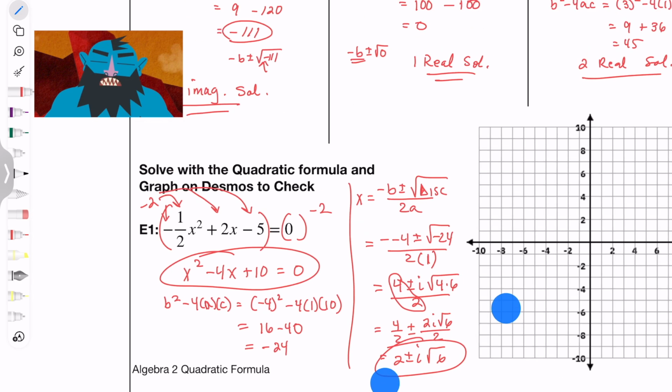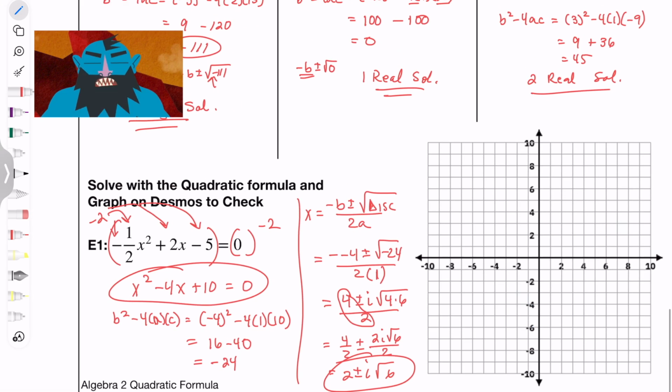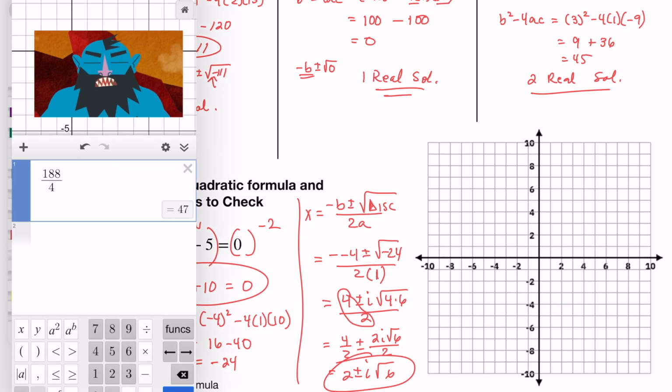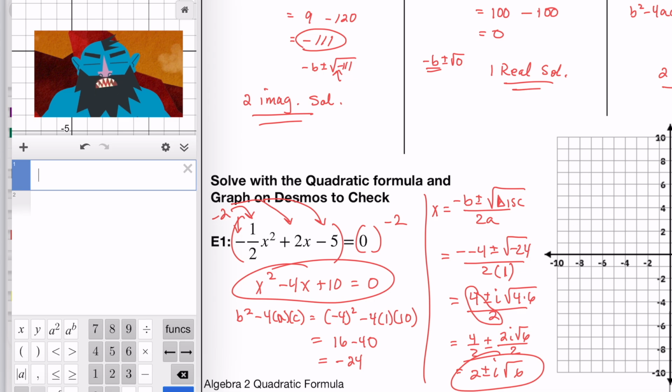And I'm supposed to graph this thing, so let's see. I can't graph an imaginary number, so what's this graph going to look like? We'll graph the original function here, negative 1 divided by 2, x squared plus 2x minus 5.